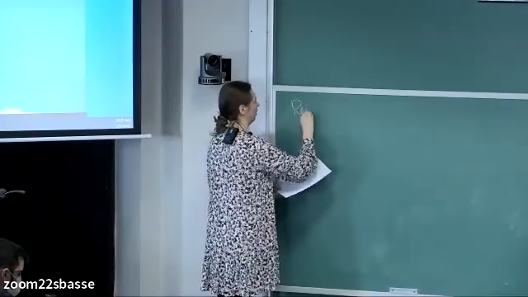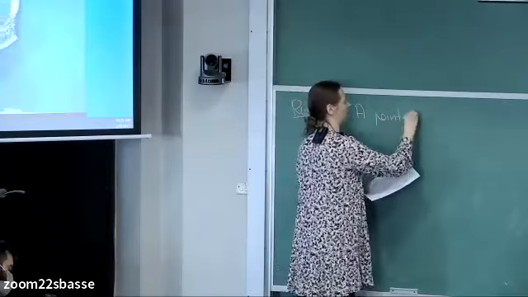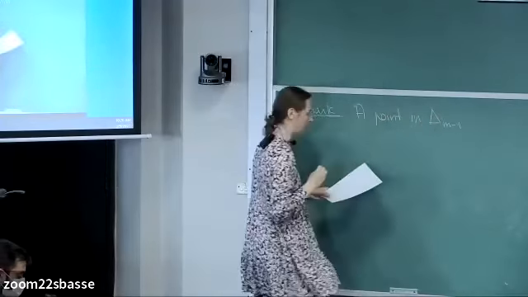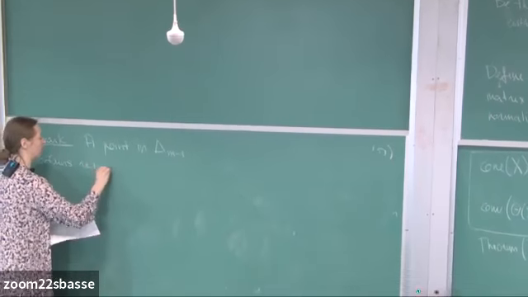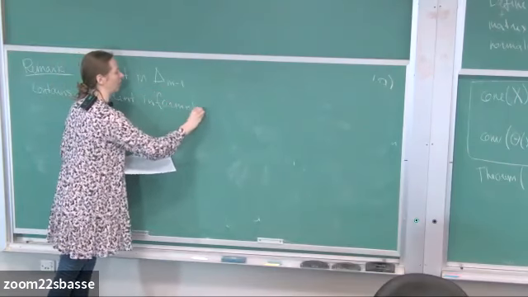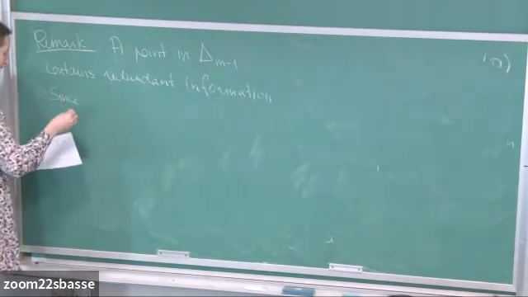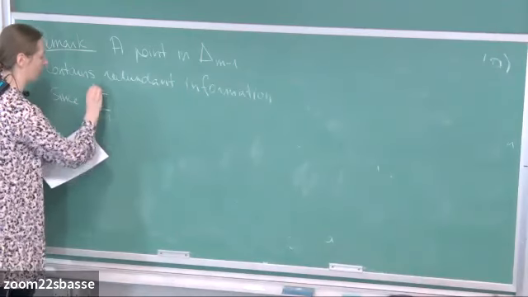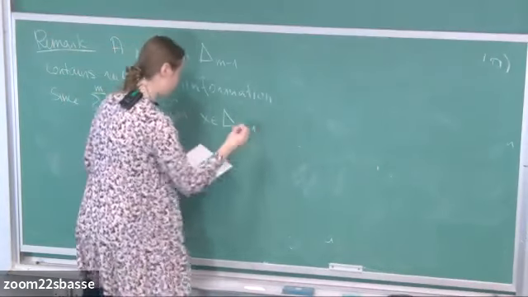So, remark. A point in delta m-1 contains redundant information, since the sum of the xi's is equal to 1 for x in the unit simplex.